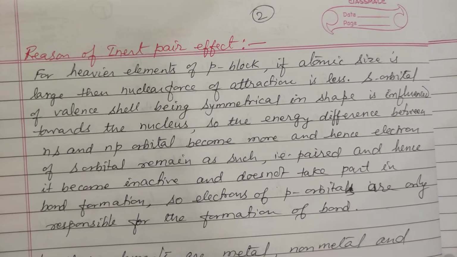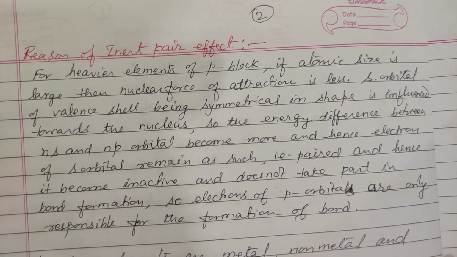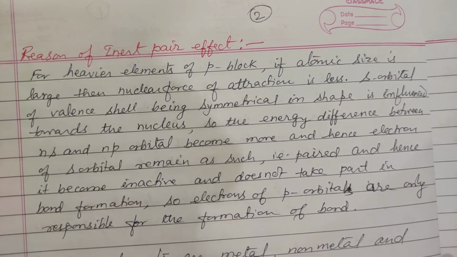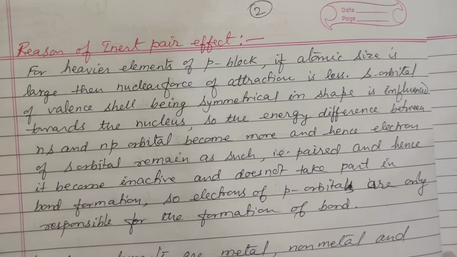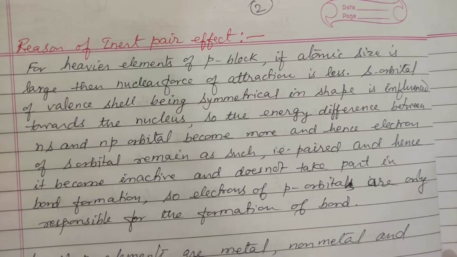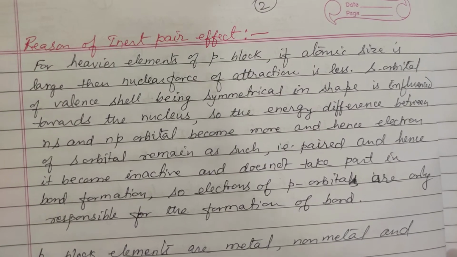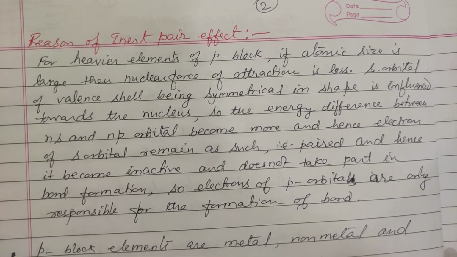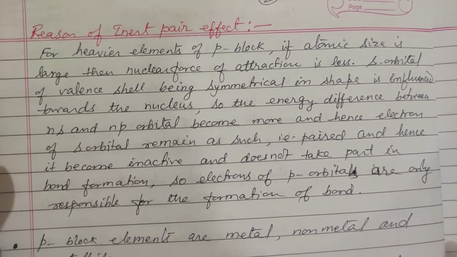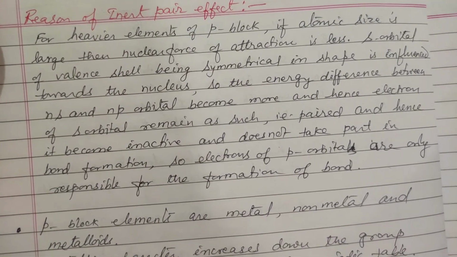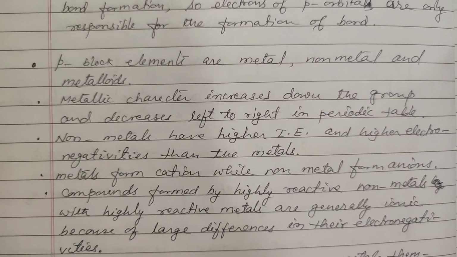So the energy difference between ns and np orbitals becomes more, and hence electrons of the s orbital remain as such, meaning paired, and become inactive and do not take part in bond formation. So electrons of the p orbitals are only responsible for the formation of bonds. So this is the concept of why there is an inert pair effect in heavier members of p block.